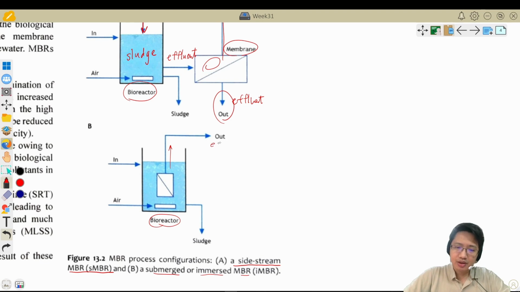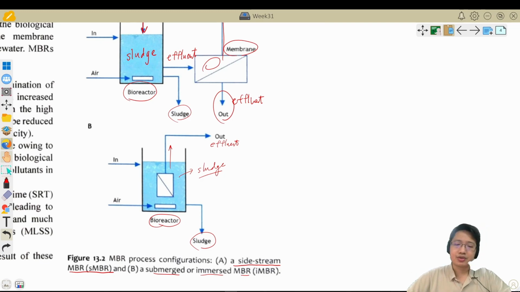So that's your effluent. However, the concentration of the sludge happens directly in your bioreactor. So here the sludge will be separated directly in your bioreactor. And if you want to test any waste sludge, you can directly take it out from your bioreactor.